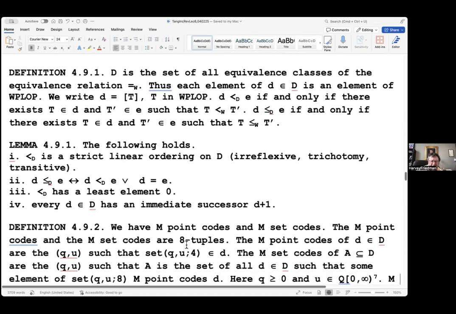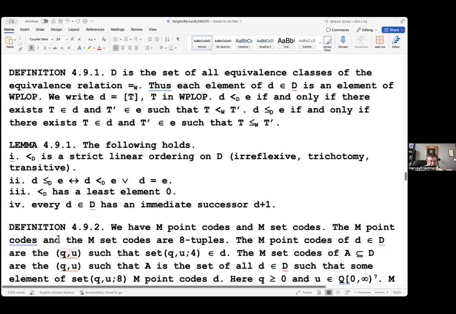Less than D is a strict linear ordering on D. It's irreflexive, trichotomous and transitive. Namely, it's the less than W relation on these well-ordered gadgets.